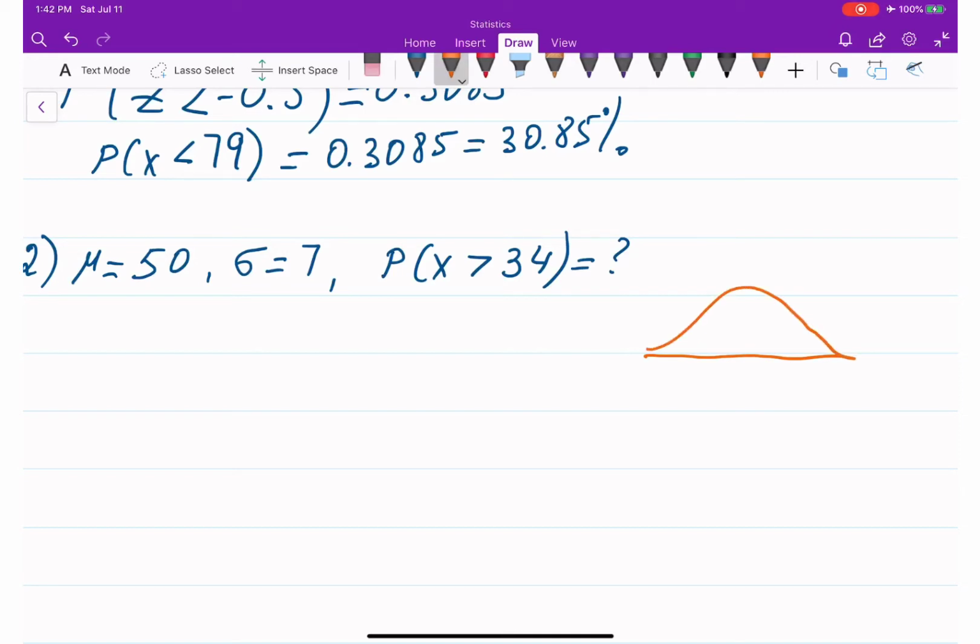If my mean is 50, then 34 will be from here somewhere. This is my mu, 50. X is 34, it's much less, right? 34 here. So to the right.